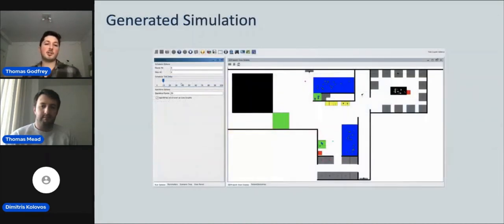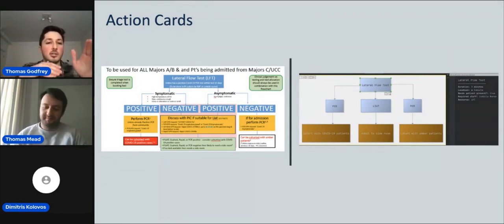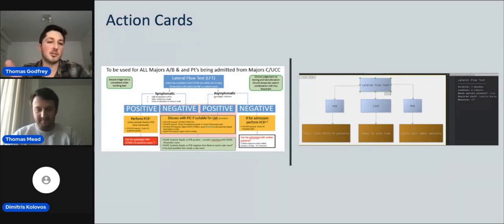So our action card language is a graphical language, similar to a flowchart drawing tool. Each action card can have multiple actions, and these are connected by branches which may or may not have conditions attached to them. So they could be conditions like the health status of a patient. Are they healthy? Are they not healthy? It could be on test results.